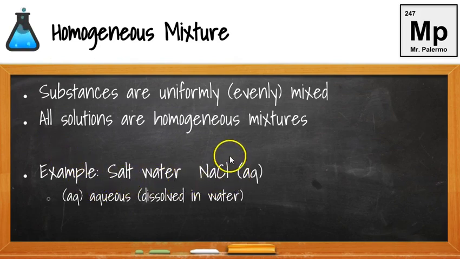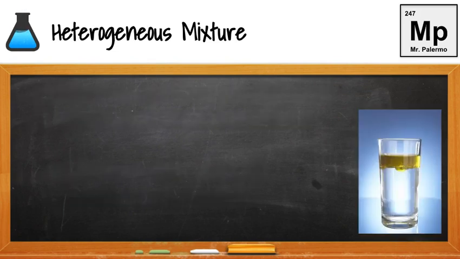And we would write that NaCl, sodium chloride, is salt, and I'd put parentheses with AQ. AQ stands for aqueous, which means it's dissolved in water. So whenever you see that AQ, it means that you have a solution, and we then assume it's homogeneous. It's evenly mixed. There's no separation of the particles. They're all evenly or uniformly spread out.